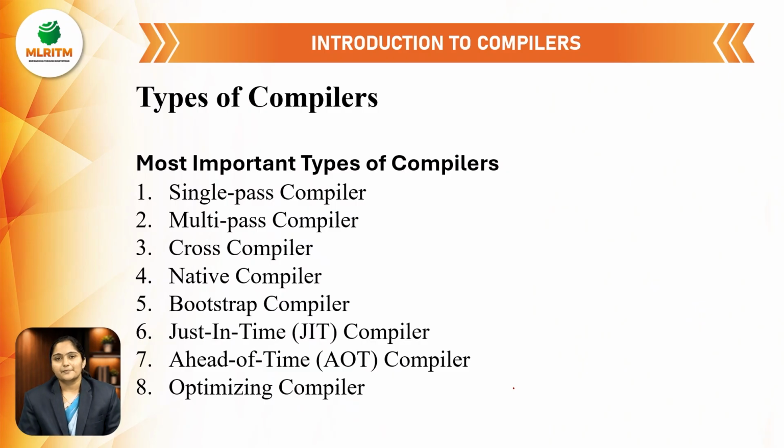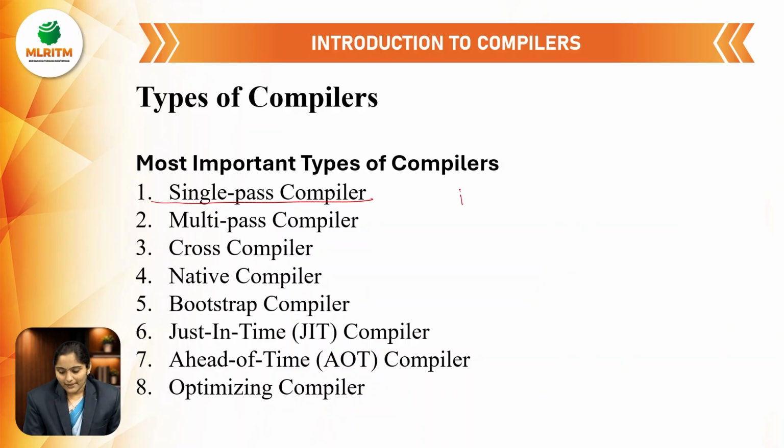Let's discuss the types of compilers, what they do and where they are used. Let's start with the first one, the single pass compiler. A single pass compiler reads the source program one time and immediately generates the equivalent machine code, and it doesn't go back to check the previous instructions.